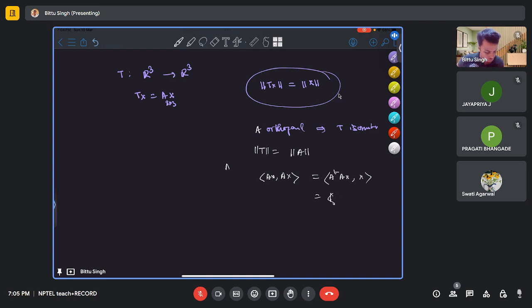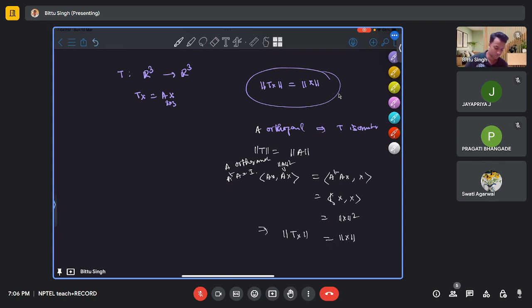If we assume A is orthogonal, then A transpose A is the identity, and we get the inner product of x with x, which is the same as the norm of x squared. So we are getting that A orthogonal implies the norm of Tx is the same as the norm of x.